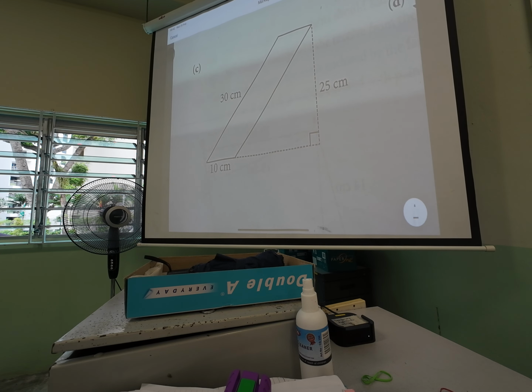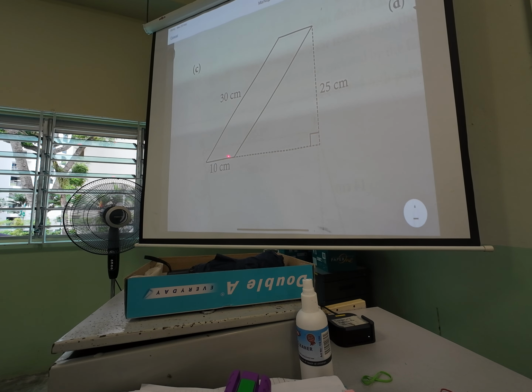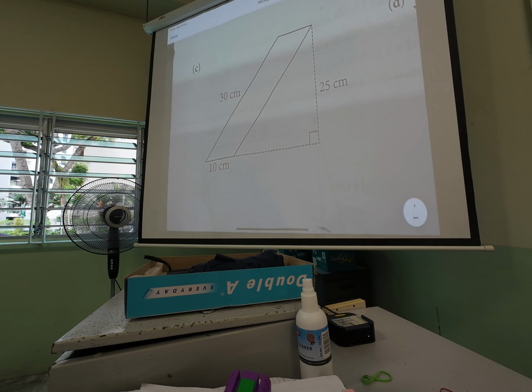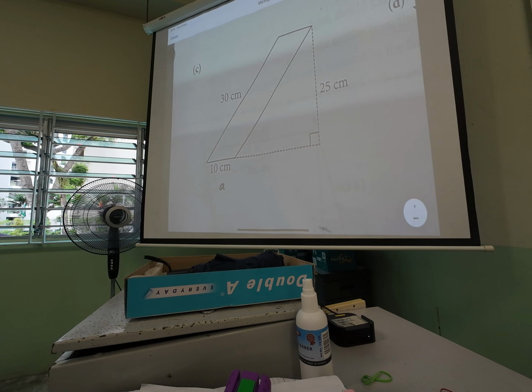Okay, again the clue is the 90 degrees. 25 and this direction is 90 degrees apart. So 10 is my base, and the height between this and this will be my height. Okay, so although we may not be able to form and cut, we know that the area is still base times height.